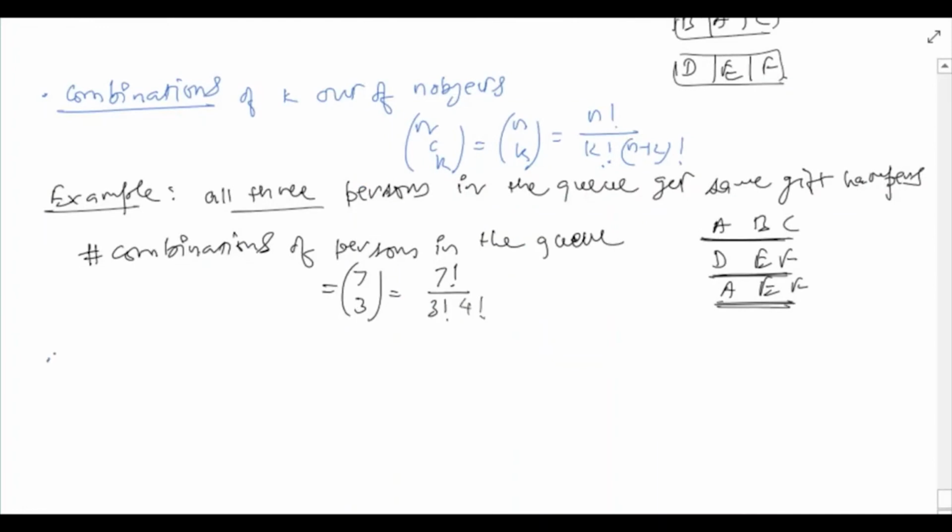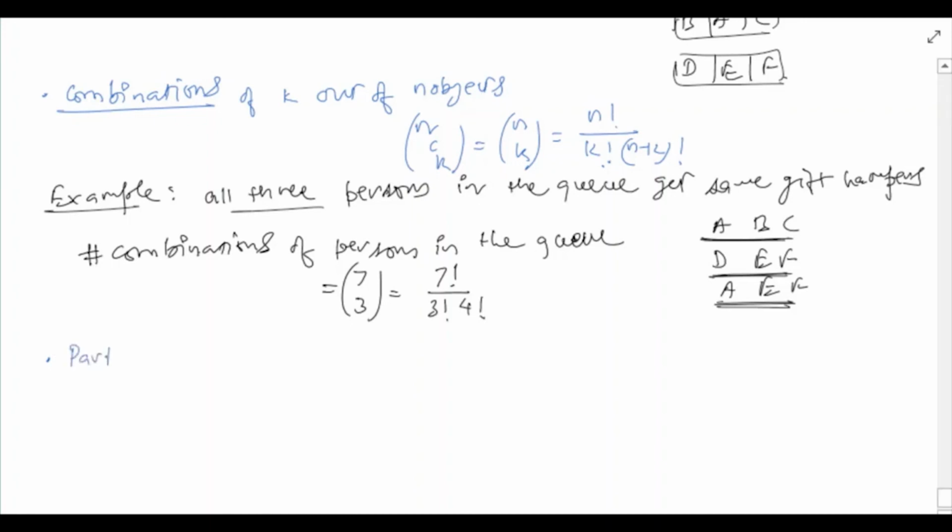The above example can be seen as if we are dividing these 7 people into 2 groups, those that are in queue and those that are not in queue. Basically, we want to see in how many ways we can partition the 7 people in groups of 3 and 4 people. This idea could be generalized to more than 2 groups.